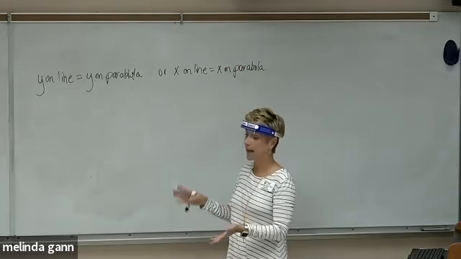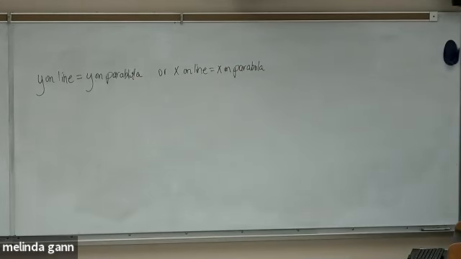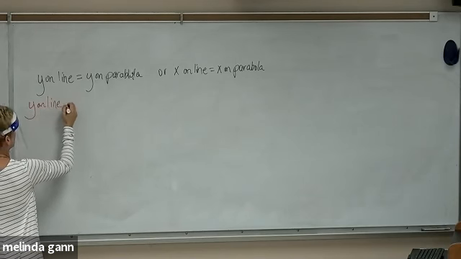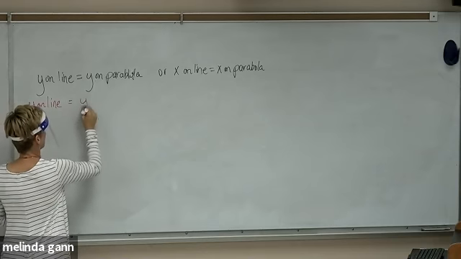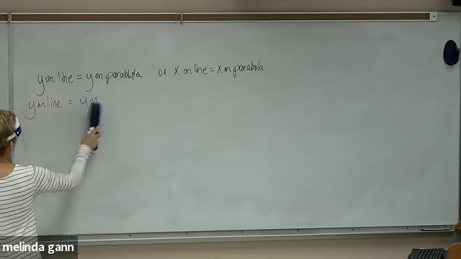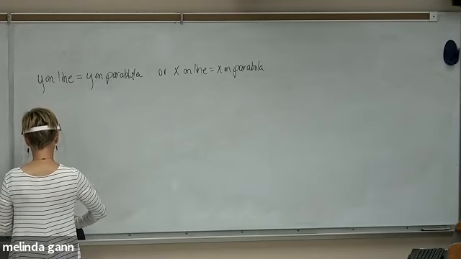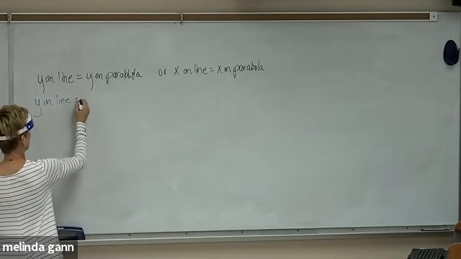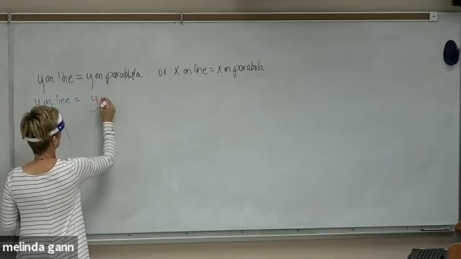Now, one of those isn't better than the other, but one is easier. All right, and here's why one is easier. You see how I've got the parabola kind of red and the line kind of blue? So I'm saying that the y on the line is going to be the same thing as the y on the parabola.